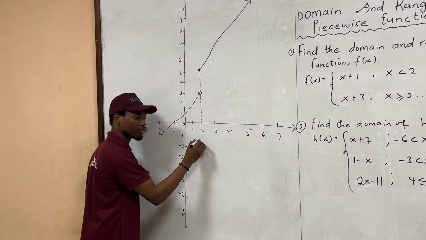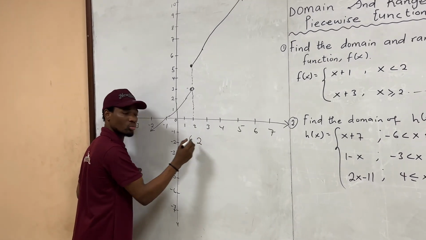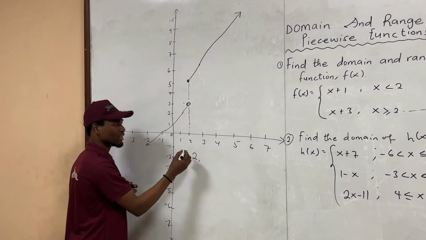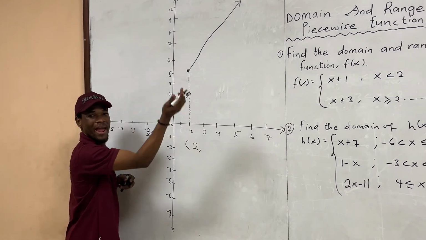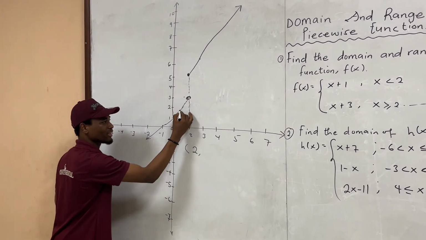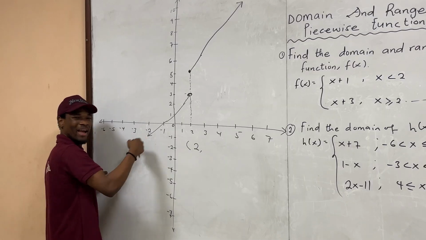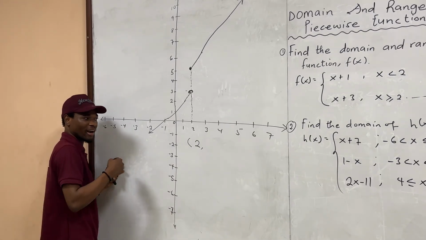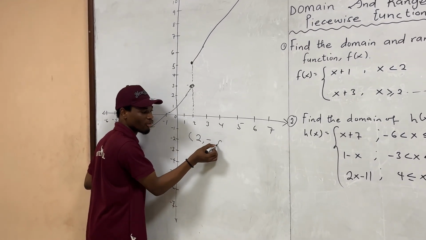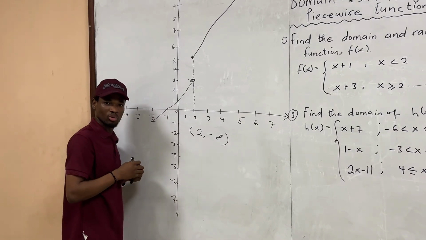So we are starting from 2. Now 2, then up to where? Somewhere like negative infinity, right? Is that also good?